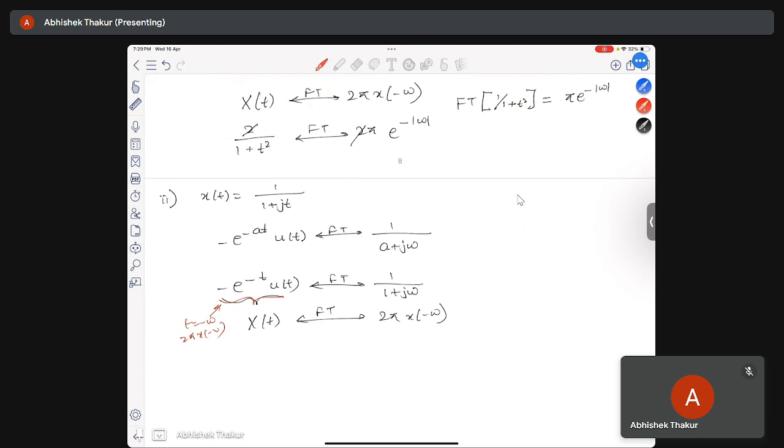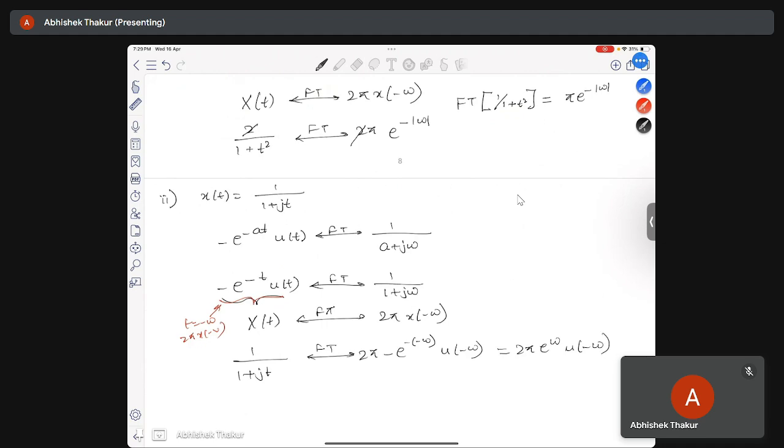So we get that 1 by (1 + jt) will have the Fourier transform 2π e^(ω) u(−ω), since it is minus minus ω and u(t) also becomes u(−ω). So this will become 2π e^ω u(−ω).